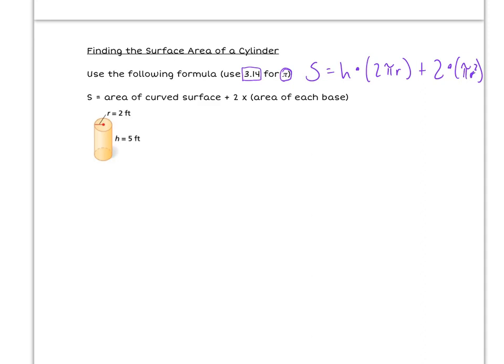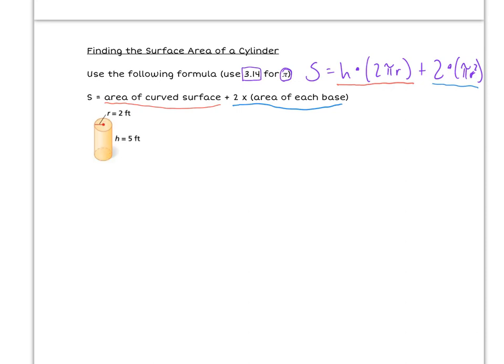So breaking that down a little bit, our first part, this first section, height times 2 pi r, is the area of the curved surface. I'll explain how I get that in a second. And then the second part, 2 pi r squared, is 2 times the area of each base. So in other words, the top circle and the bottom circle.